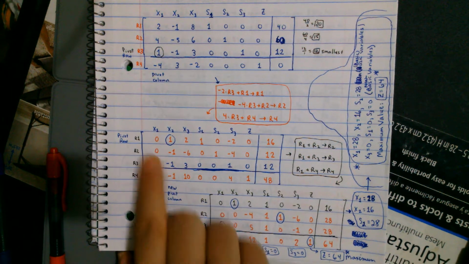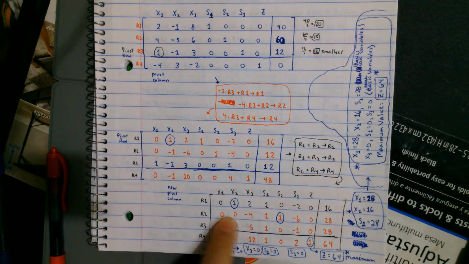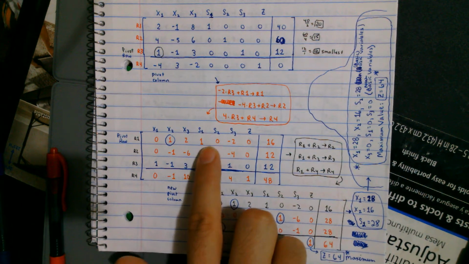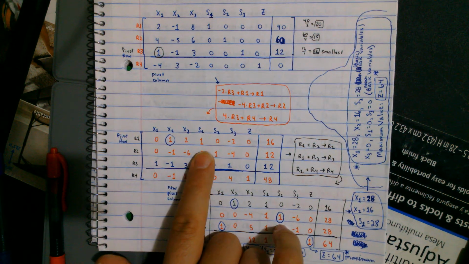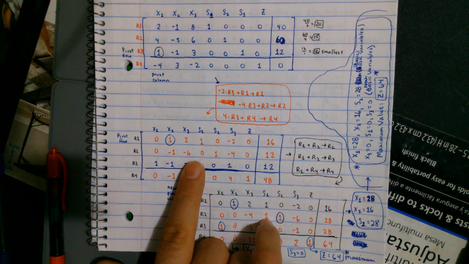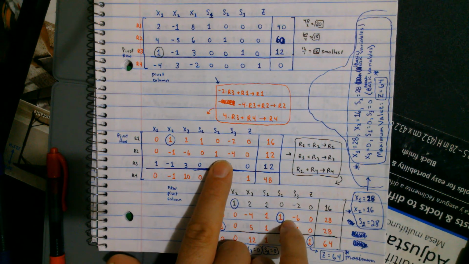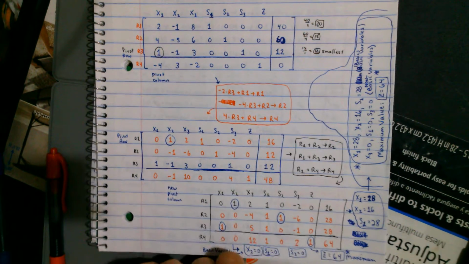So 0 plus 0, 1 minus 1, 2 minus 6, 1 plus 0. Sorry, 1 plus 0, 0 plus 1, -2 minus 4, 0 plus 0, 16 plus 12.